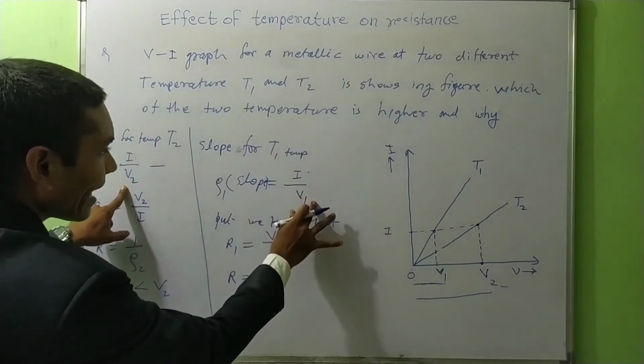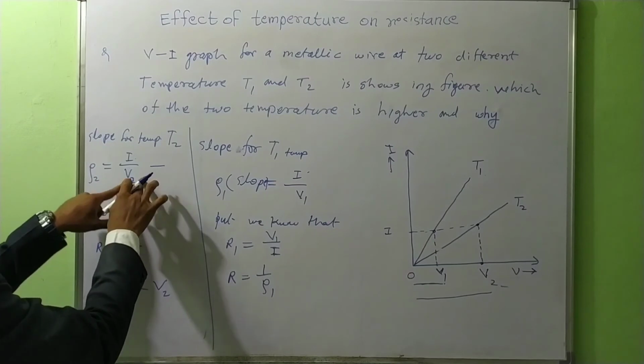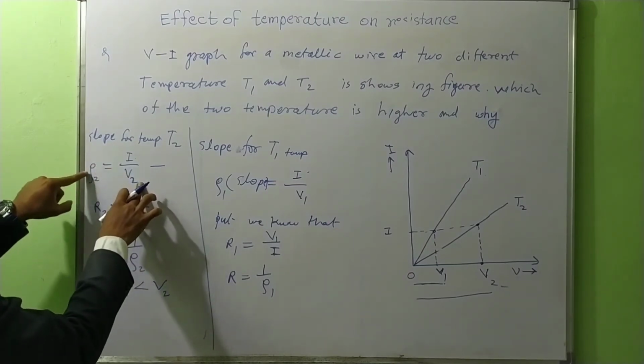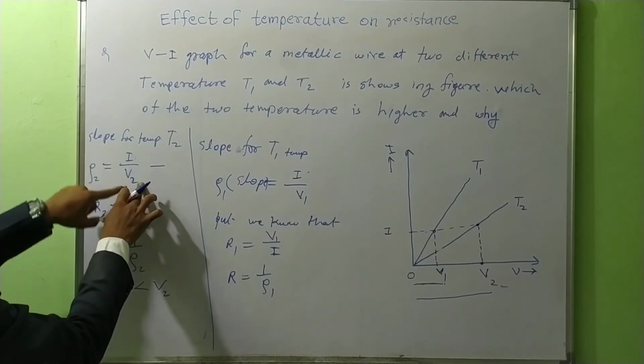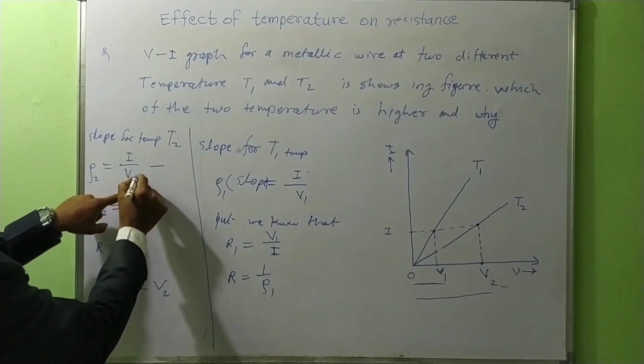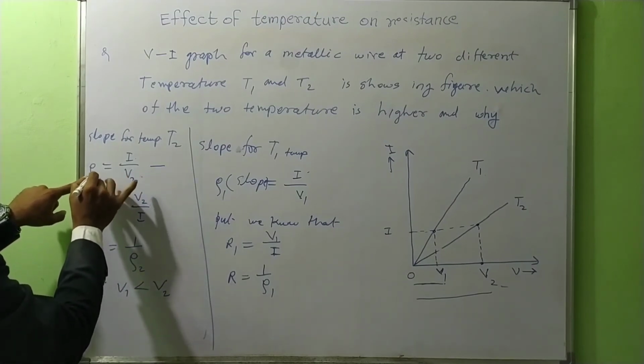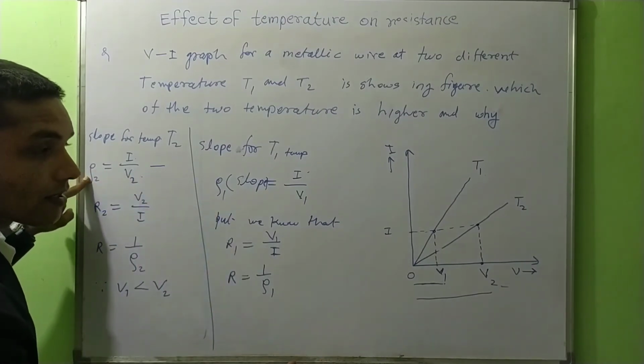So V2 is reciprocal to rho, or rho is reciprocal to V2. When V2 is greater, the value of rho will decrease.